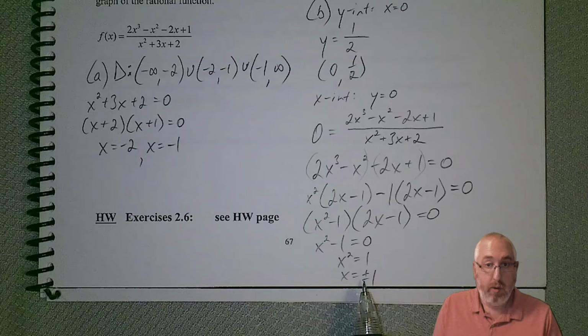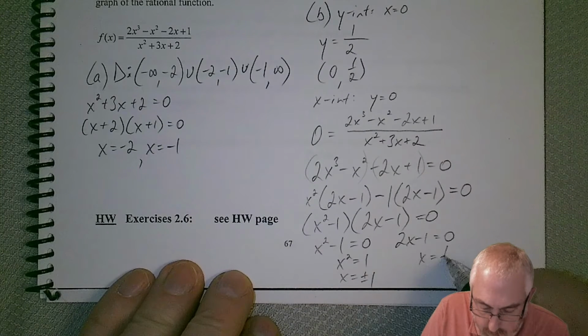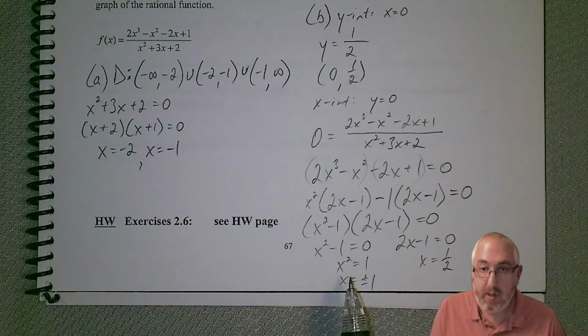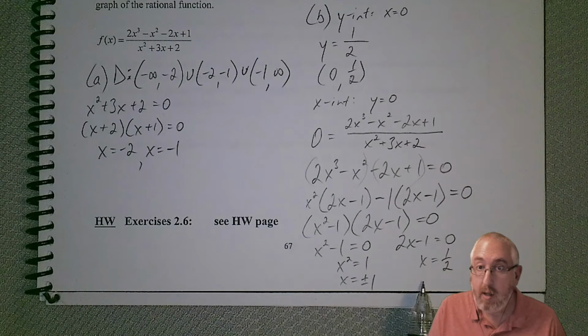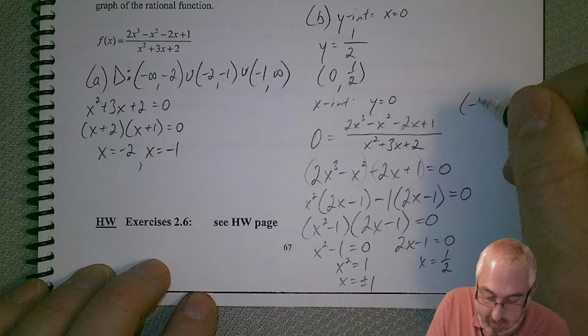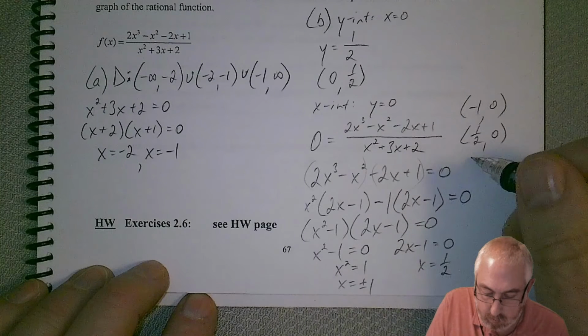And in the other case, we get x is equal to 1/2. So it looks like there could potentially be three x-intercepts. We're going to have to verify it, but right now we got -1, 0, we got 1/2, 0, and then we got 1, 0.